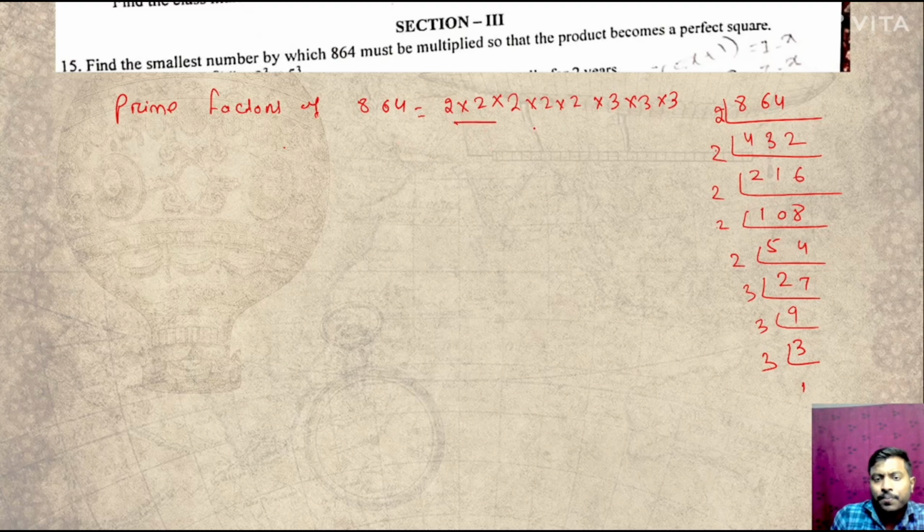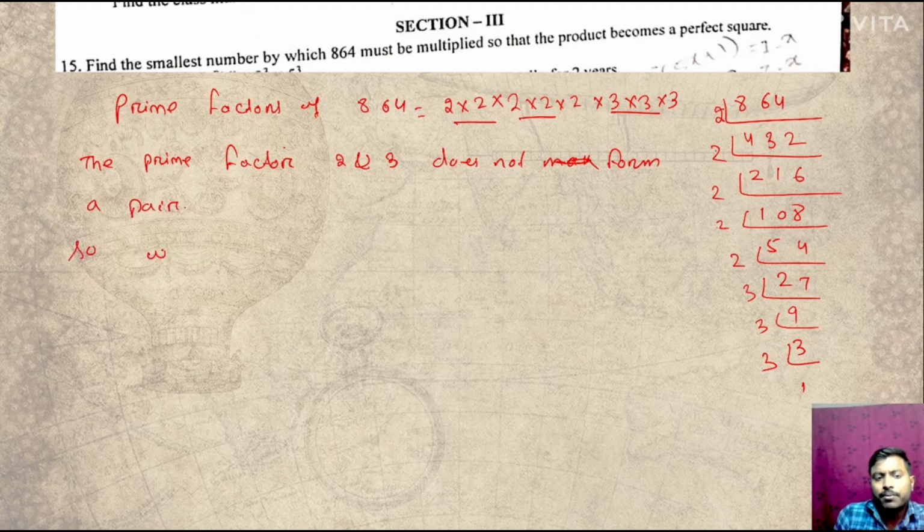Then pair them. 1, 2, it also pairs. Then write down the prime factors: 2 and 3 do not form a pair, so we multiply 2 into 3, that is 6, to make it a perfect square.